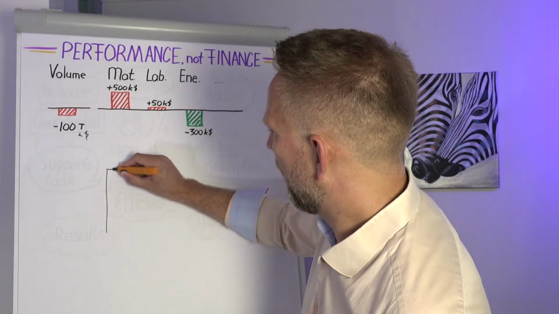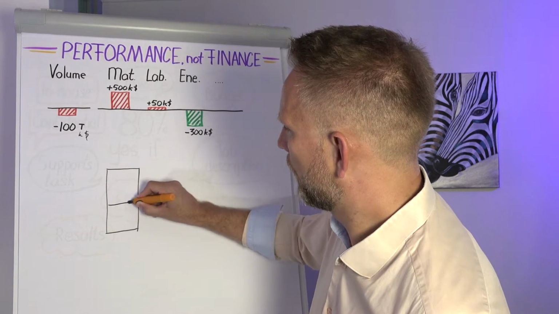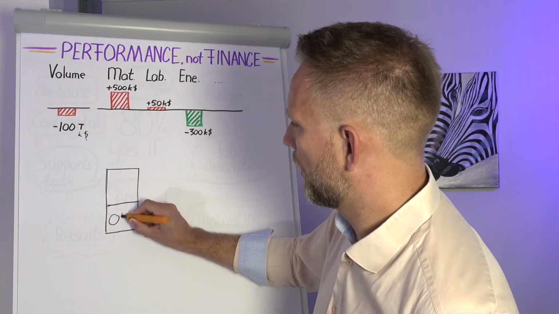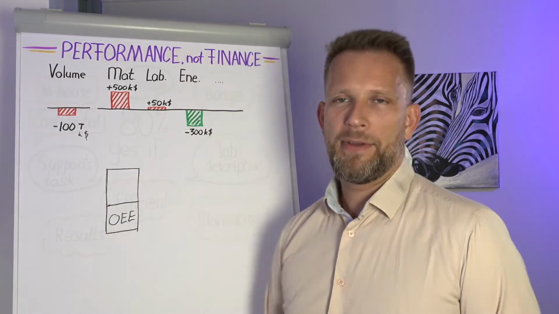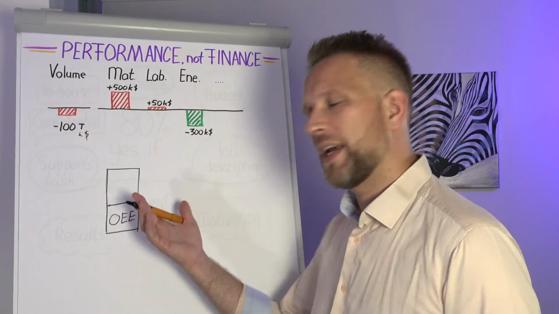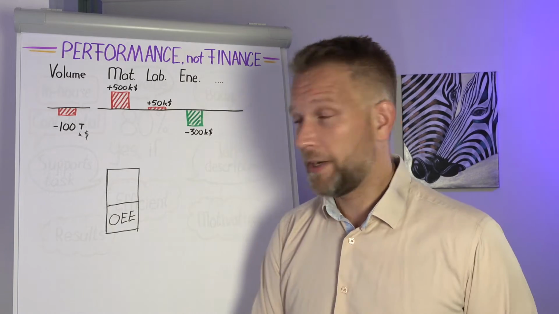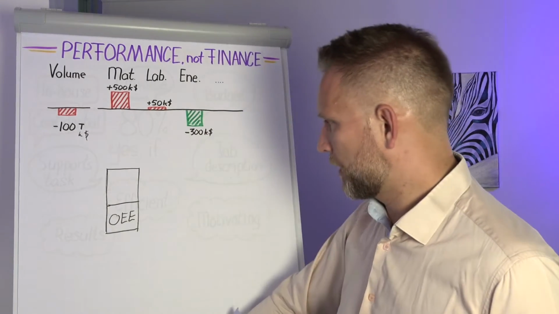So we get ourselves a nice OE bar, and we have a good percentage of effective production, right? So that is immediately the OE percentage, but we have a number of hours of effective production time. But then we also have a whole bunch of waste, right?